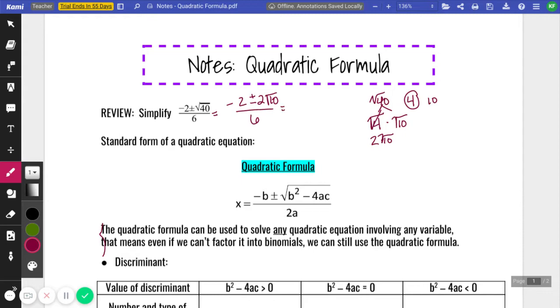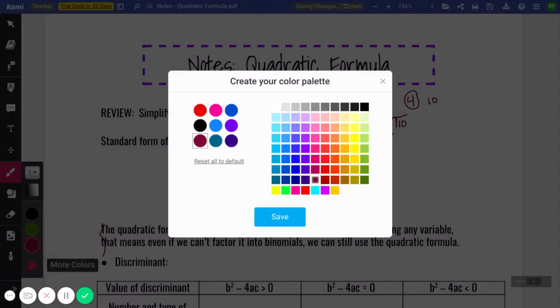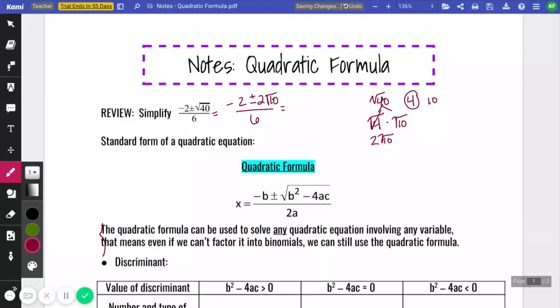The last thing that we can do is that these numbers over here, they can all be divided or simplified. And that's the last thing we have to do to fully simplify this problem. So I want to take -2 over 6.